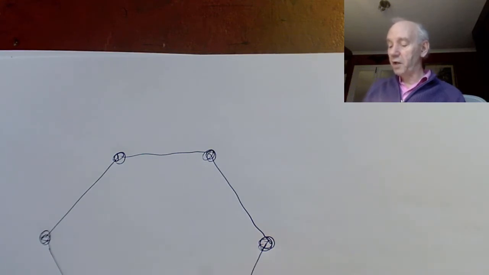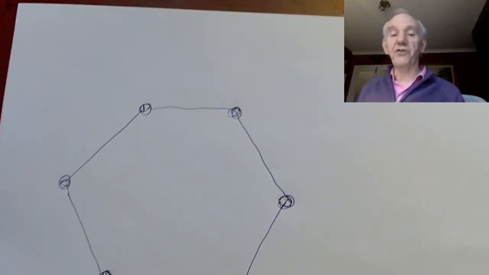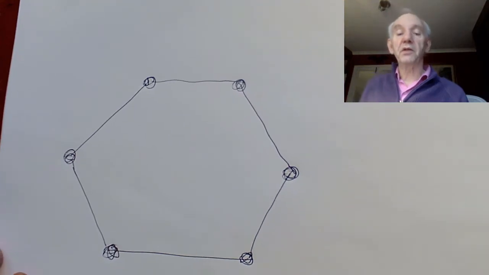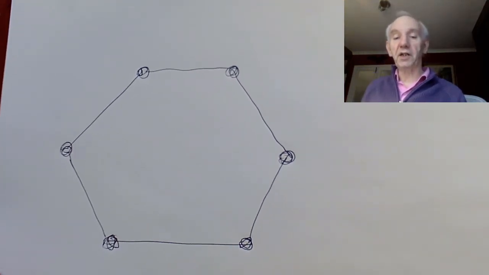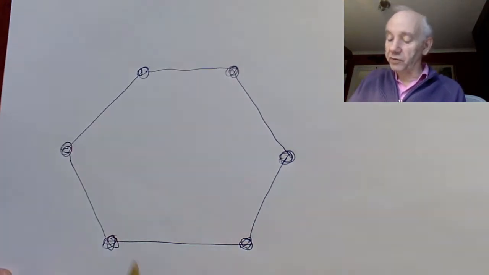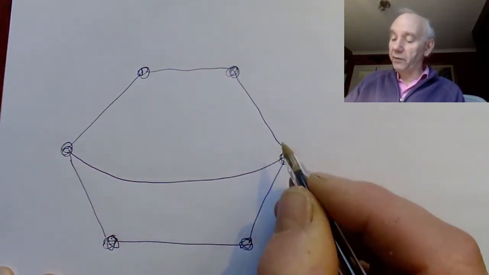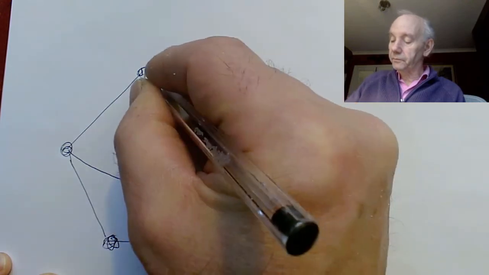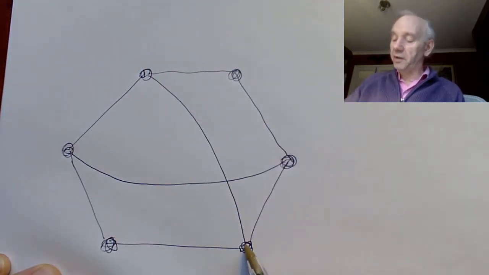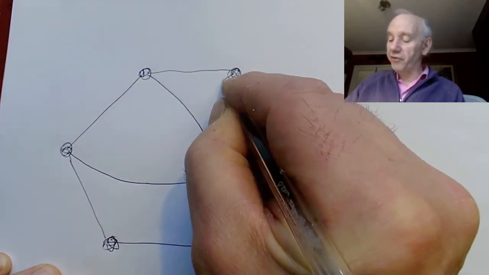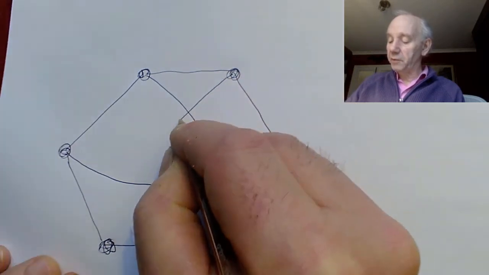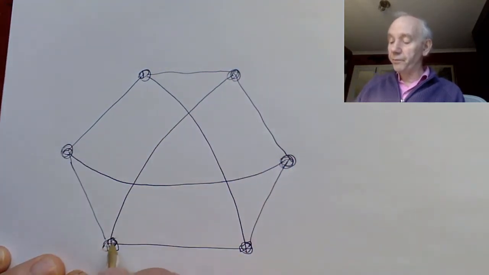So I want to define what looks initially to be a rather different graph that starts with a hexagon. And then I'm going to draw in the 3 diagonals of the hexagon. I'm going to make them curved. 3 diagonals. I'm going to construct, if I drew them straight, they just intersect in the middle. I want to leave a sort of triangle in the middle.